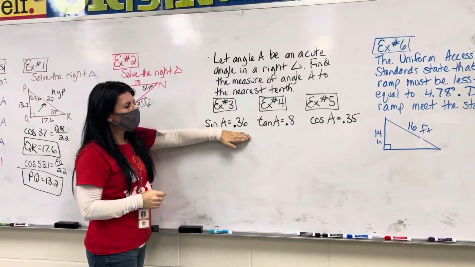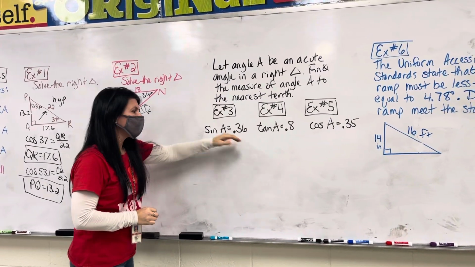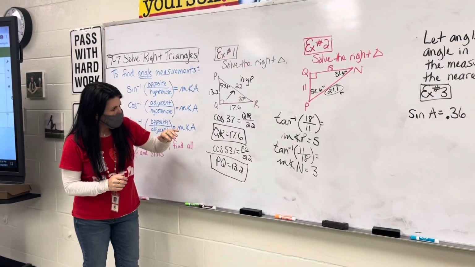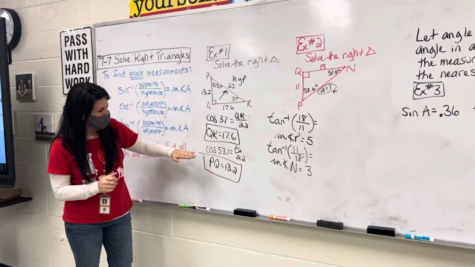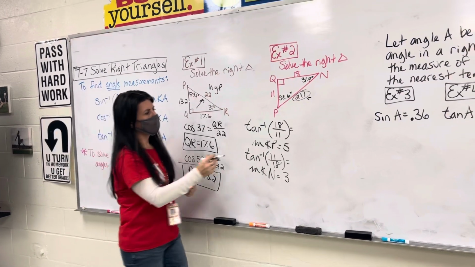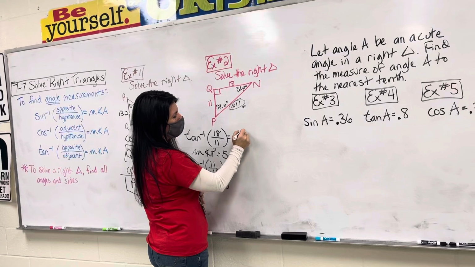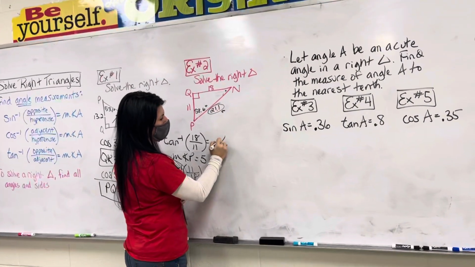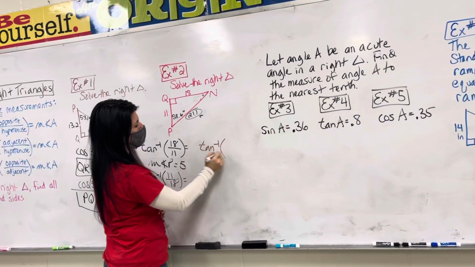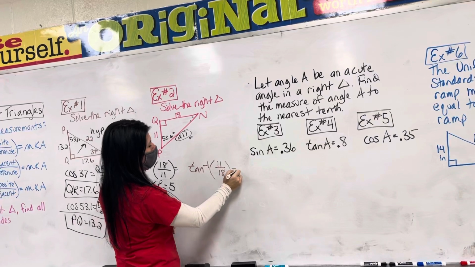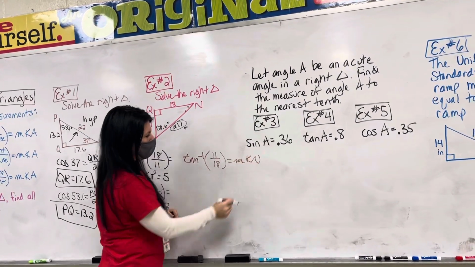This says the sine of angle A is 0.36. This is very similar to one that I did earlier. I think I already erased it, so let me just reset this up. To find this one, I did it this way: inverse tangent of 11 over 18 gives me the measurement of angle n.